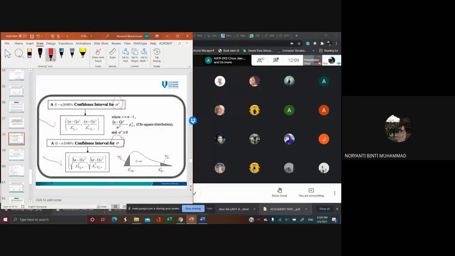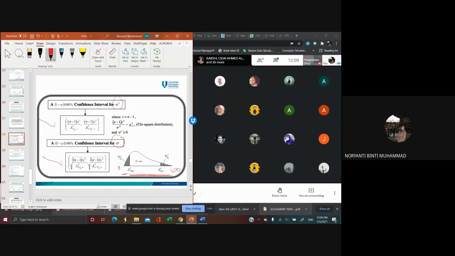But important here, when you use the chi-square table, you have this distribution. You can see this is skewed to the right. So at the right side, chi-square alpha over 2, but on the left side, it will be 1 minus alpha divided by 2, if you have two-sided. Because for chi-square and F tables, the values start from 0 until infinity.